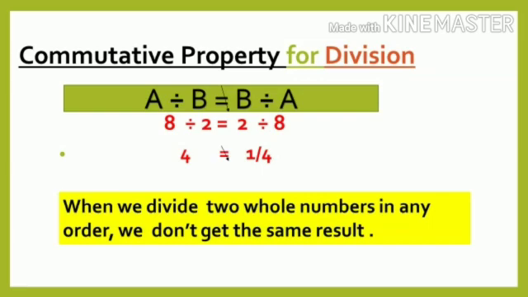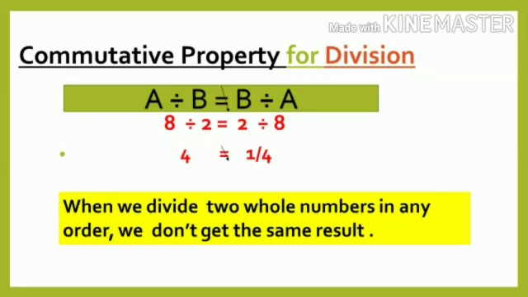After multiplication, the commutative property for division. Let A be equal to 8 and B be equal to 2. When we divide 8 by 2, the result will be 4. But when we divide 2 by 8, the result will be different. The result is 1 by 4 here.